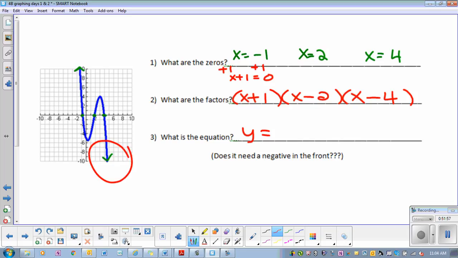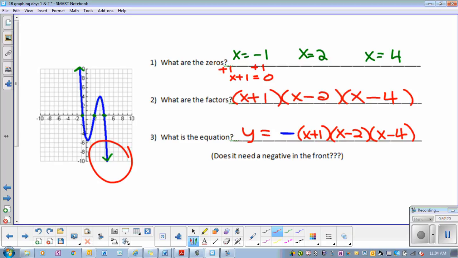What is this right arm doing? Going down, so what do I need? Negative. So y equals, put a negative, and then just copy all your factors down. Okay, that's it. That's all you're doing with that one.